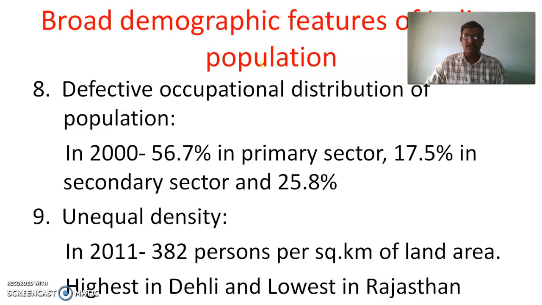One more important feature you can trace here is the unequal density. The population density in India in 2011 was 382 persons per square kilometer of land area, which was unequal throughout India. It is highest in Delhi and lowest in Rajasthan.